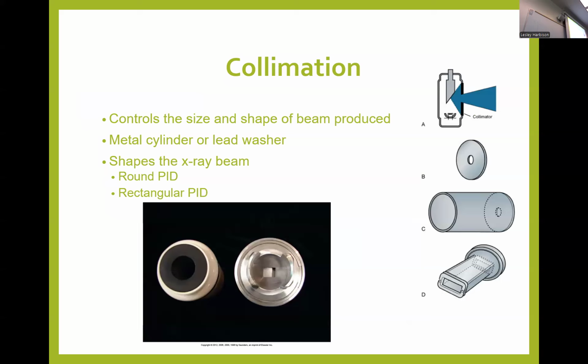Collimation is the next piece. The collimator is essentially, sometimes people think of it as the whole PID, but really it's usually just a diaphragm. The PID can control the size and the shape, but really it's the diaphragm at the end.